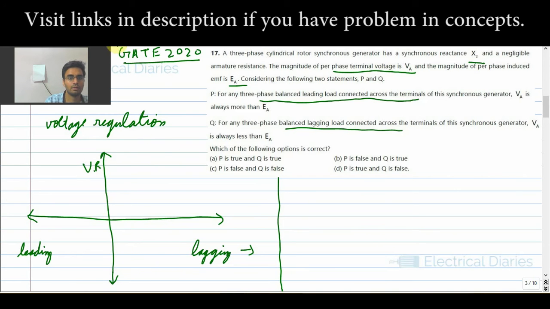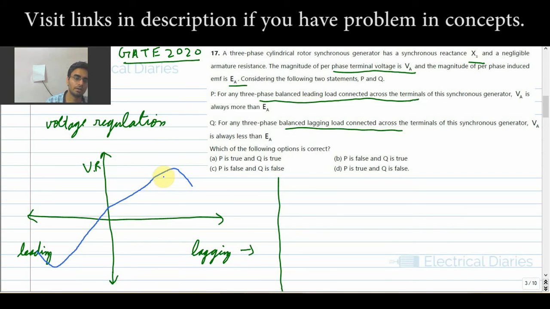Now the curve for the synchronous machine is given by something like this. I will draw it more beautifully. The voltage regulation curve is somewhat like this.